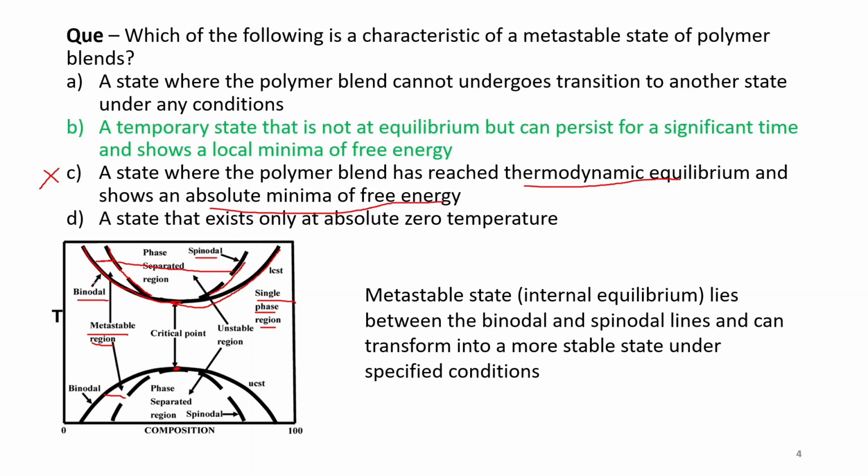So option B is correct: the metastable state is a region between the binodal and the spinodal curves, and it is a state of internal equilibrium where there is a local minima of free energy, right?